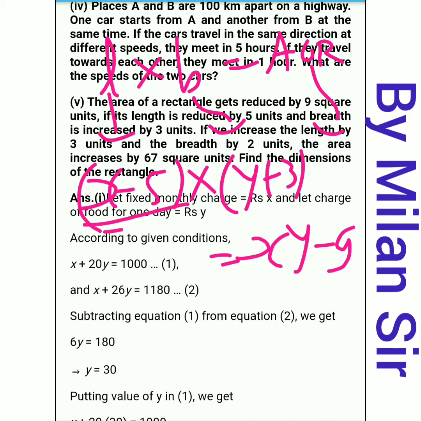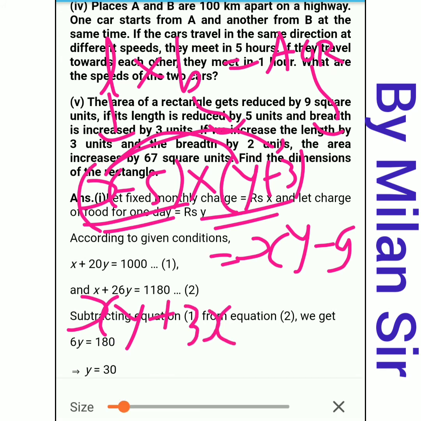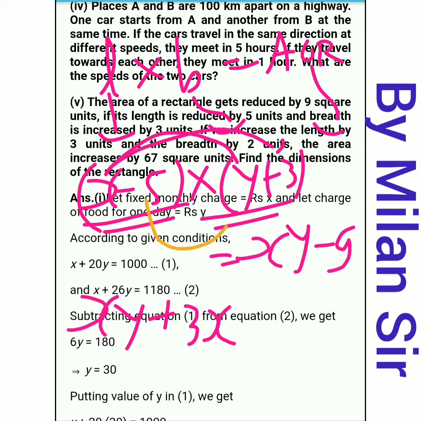Now, multiply these two brackets. First of all, x with y is xy, then x with 3, plus 3x. Then minus 5 into y is minus 5y, and minus 5 into plus 3, minus 15. The right hand side we have xy minus 9.